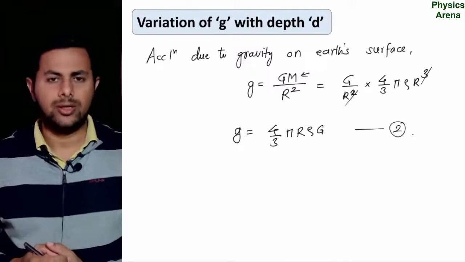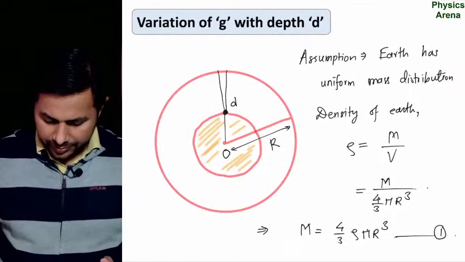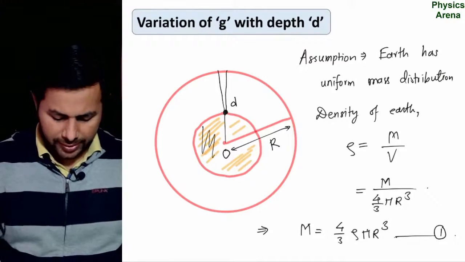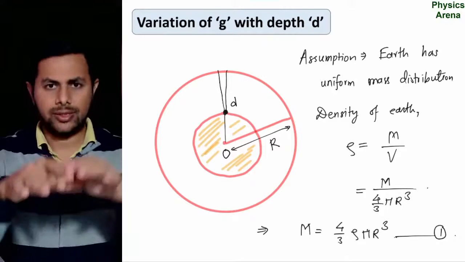Let's call this equation 2. After that, let's consider the acceleration due to gravity due to this reduced mass, that inner sphere.